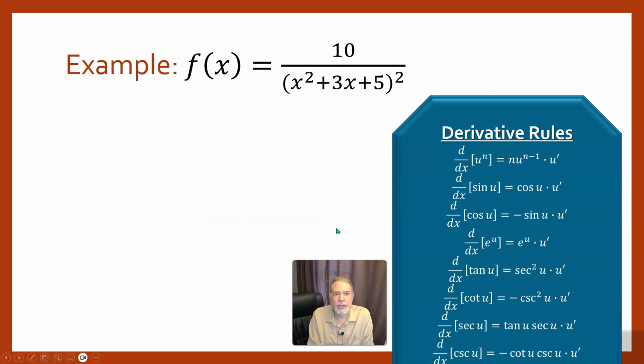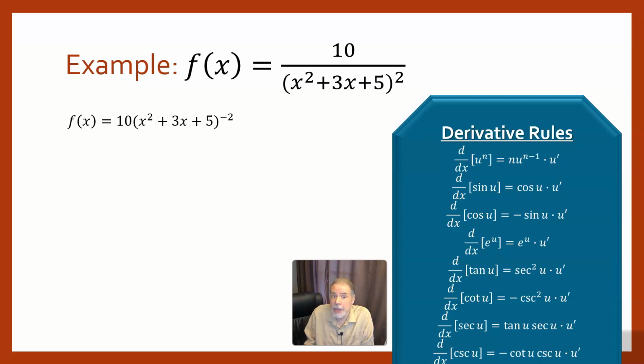Okay, how about this function? f of x equals 10 over x squared plus 3x plus 5 squared. Now, there is more than one way to do this. It is possible to do this using the quotient rule, but it's easier to do it by thinking of this function instead of as 10 over something squared, you could think of it as 10 times that thing to the negative 2 power.